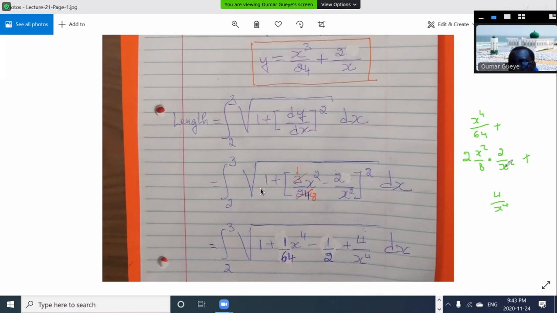So from here you can see the x squared cancels out, and now it becomes 2. 2 times 2 is going to be 4 over 8, but 4 over 8 is just equal to 1 over 2 here. And the last term here is just the square of the last term. Any question? Right.